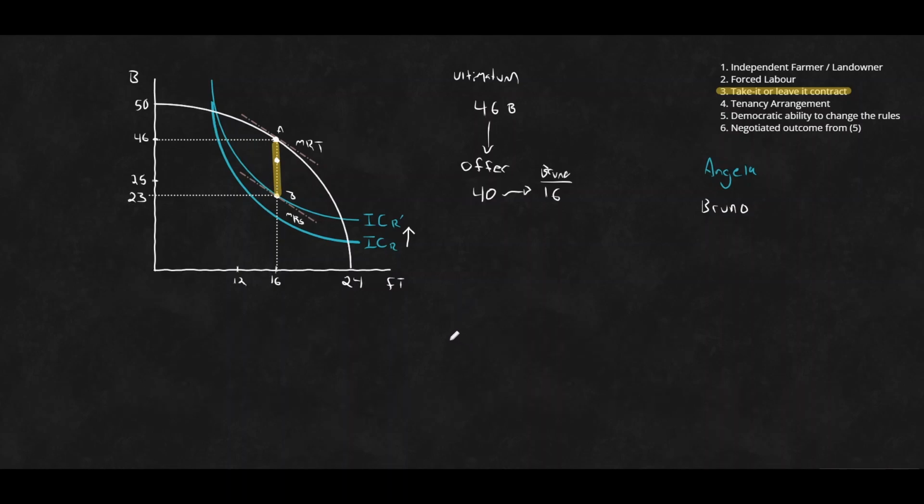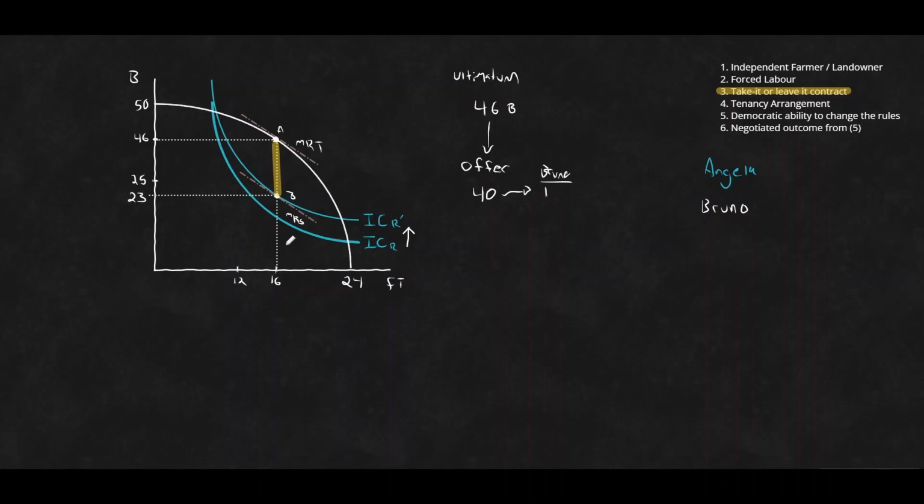The reality of the situation is that, well, this lowest indifference curve is the point where she is entirely indifferent between working for Bruno or working for her next best alternative for another farmer.